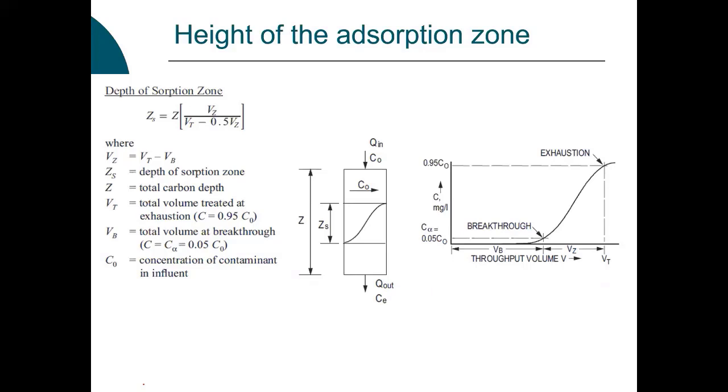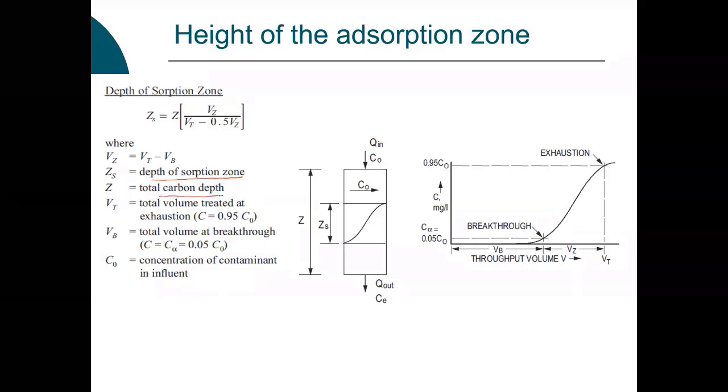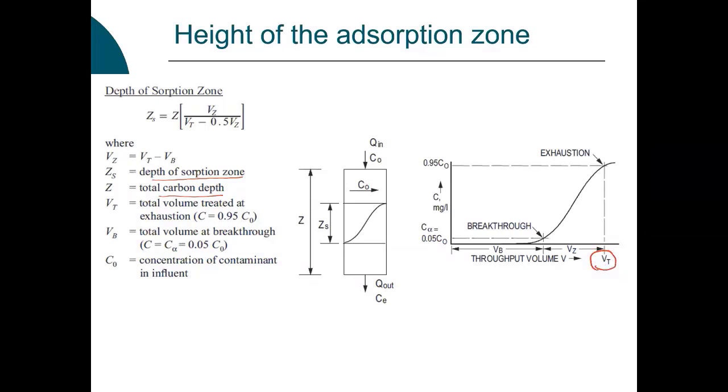So your depth of your adsorption zone is defined here as Z sub S. The Z is the total carbon depth. And then VT here is the volume required to reach adsorption exhaustion. Okay, so it's the volume where C equals 0.95 times C0. So that's my effluent concentration.